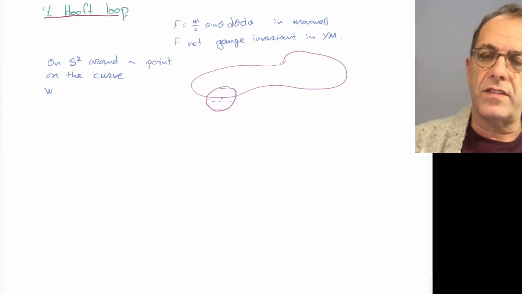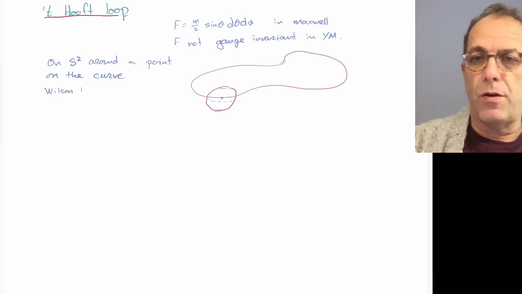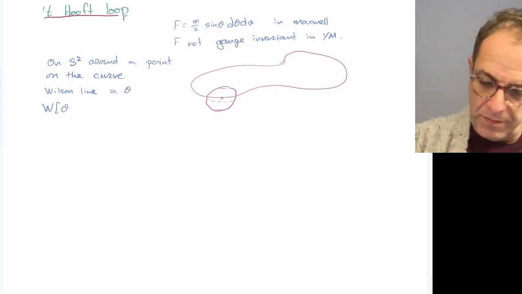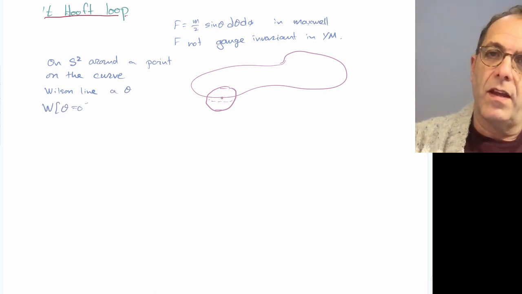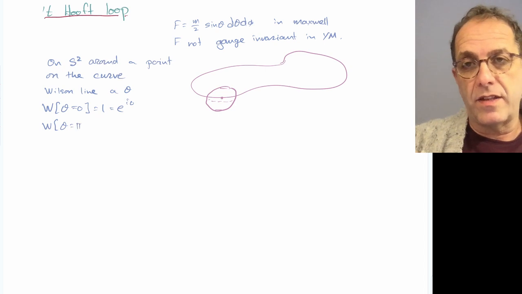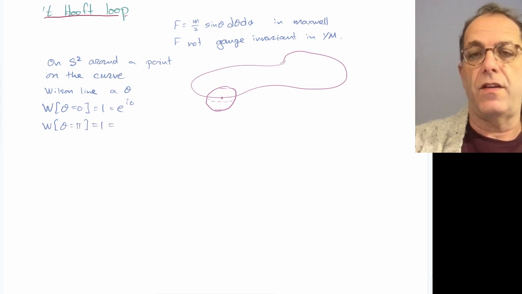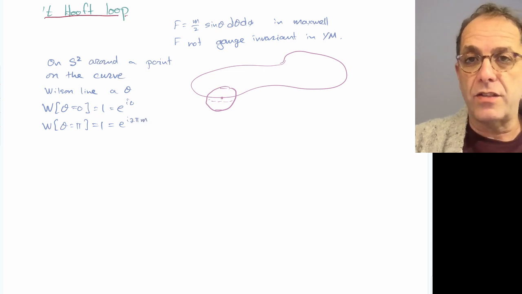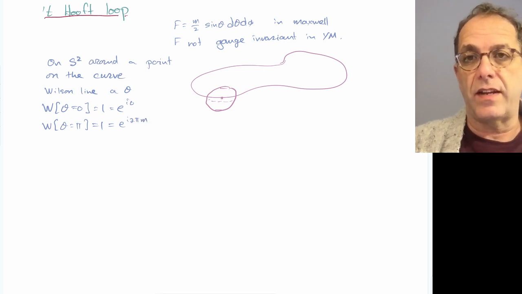And what he wants us to see is that at the North Pole we have a trivial Wilson loop when we go around an infinitesimal circle. And then as we grow, it's no longer trivial. And then when we go back to the South Pole, we again have an infinitesimal Wilson loop. But now it should pass around the Dirac string.